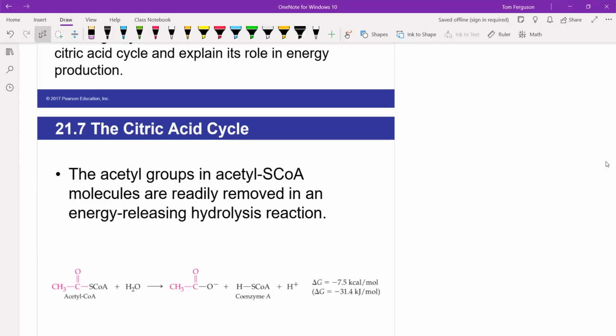It may not be your chapter 22, depending on what version you have. Okay, so again, we're going to pick up the second part. I'm going to do glycolysis first because that leads us into it.